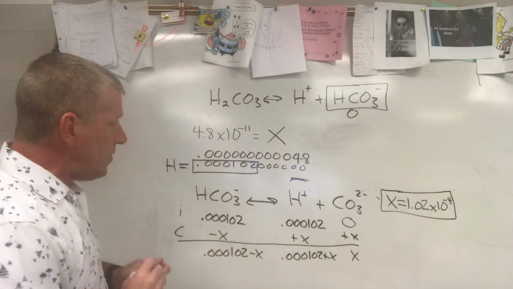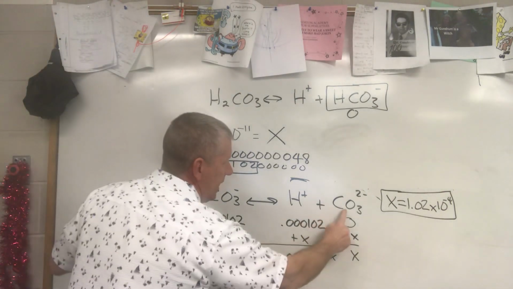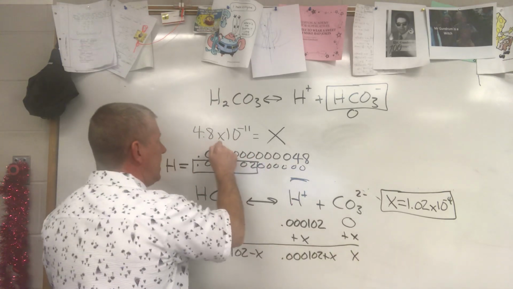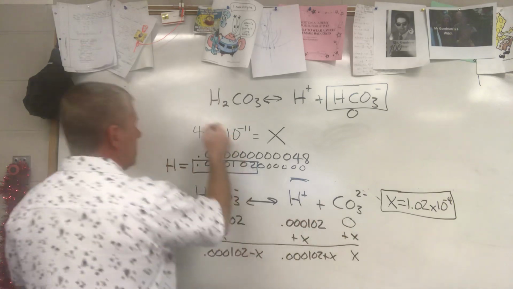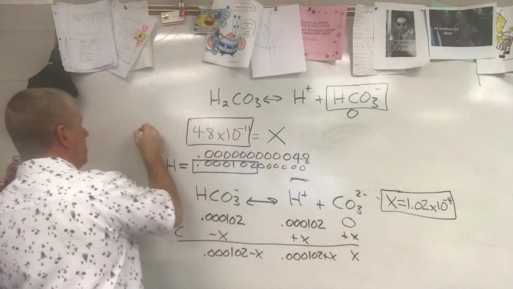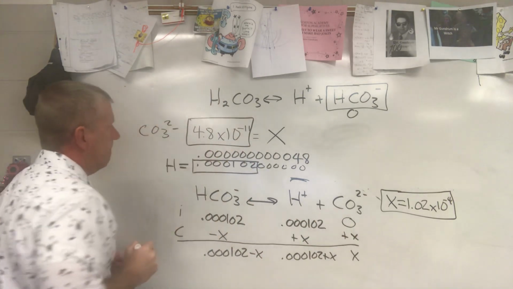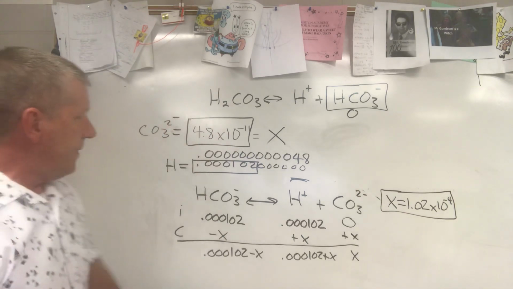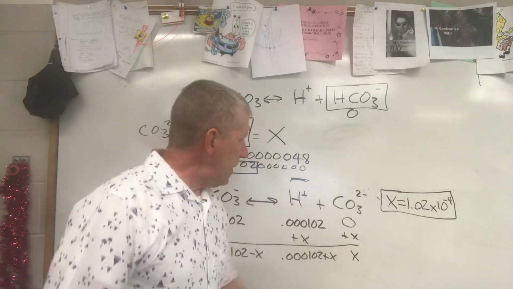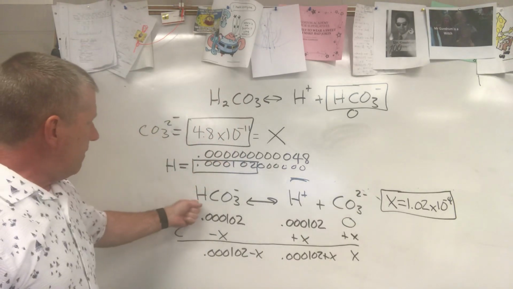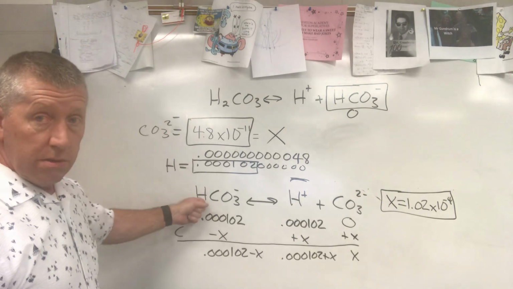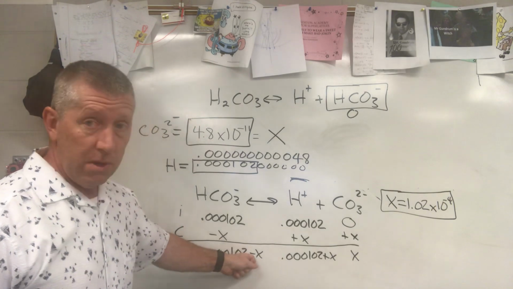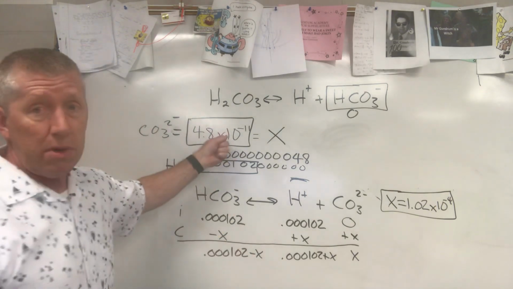That also means that the carbonate ion is X at equilibrium, which is that value. So this is the amount of carbonate at equilibrium. We've got the amount of H, we've got the amount of carbonate, and the amount of HCO3 is going to be equal to 0.000102 minus this really tiny number.